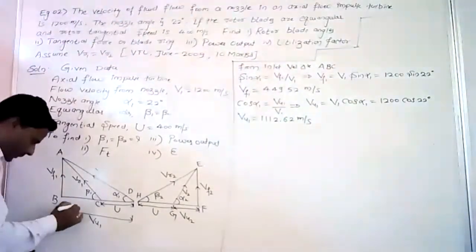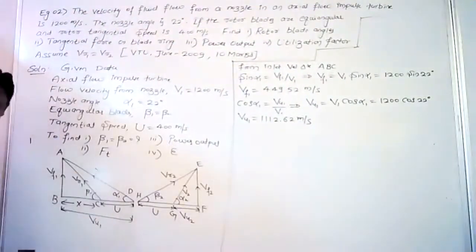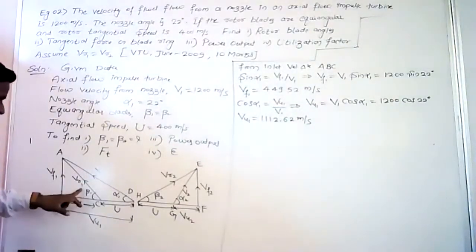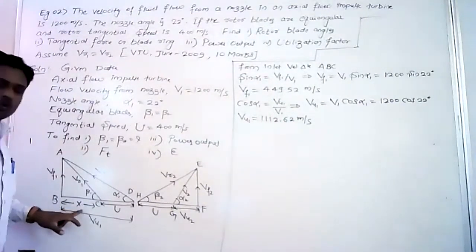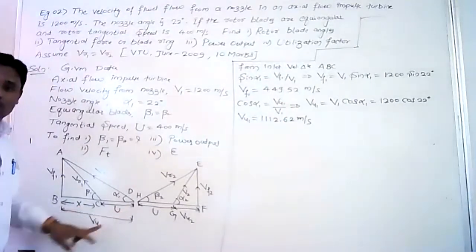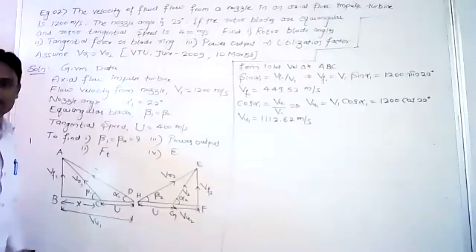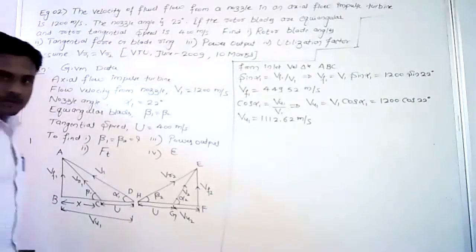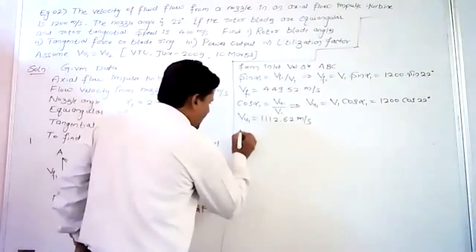Now here, let me take BC as X. Ultimately, we want to get the value of beta 1, the inlet blade angle, which is equal to the outlet blade angle. X is known to you now because U is known and VU1 is known. So X equals VU1 minus U. We can use the tan.